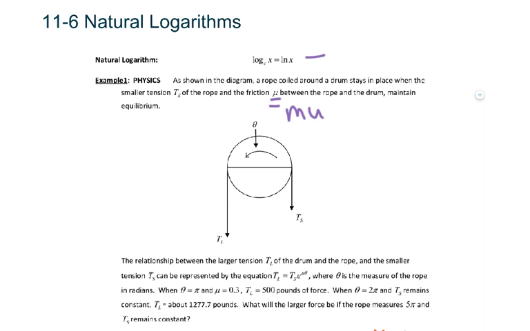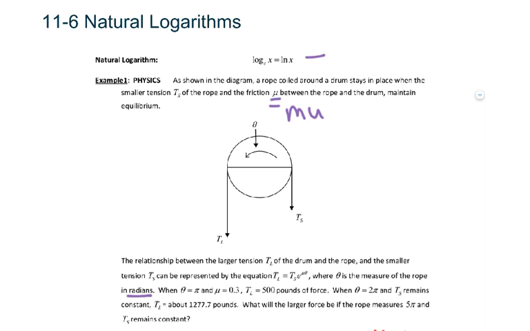The relationship between the larger tension, T sub L, and the smaller tension, T sub S, can be represented by the equation T sub L is equal to T sub S times e raised to the mu times theta, where theta is the measure of the rope in radians. Radians is a unit of measurement we're going to study at the beginning of next semester.